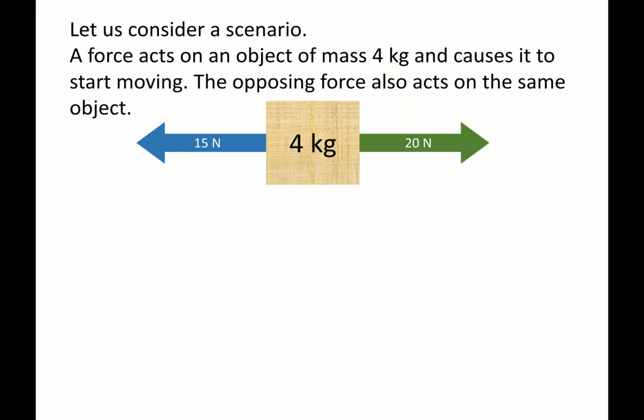Now let us consider a scenario where a force acts on an object of mass 4 kilograms and causes it to start moving. That means it's initially stationary. And an opposing force also acts on the same object.